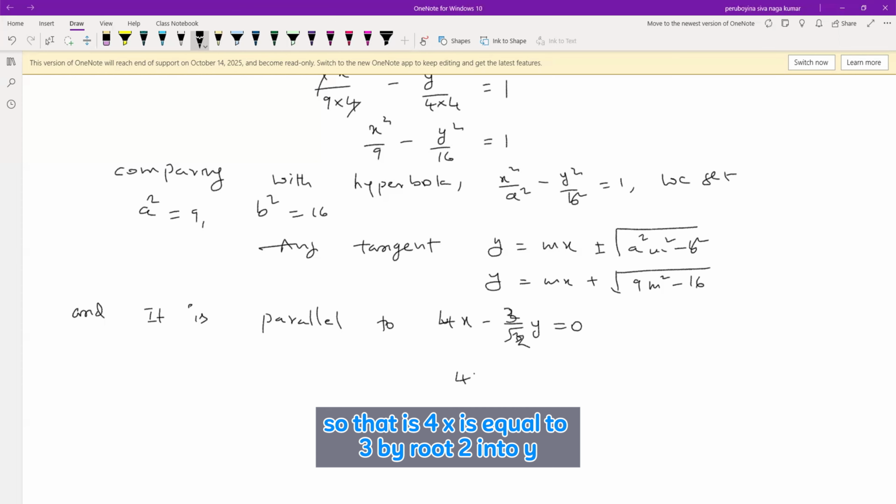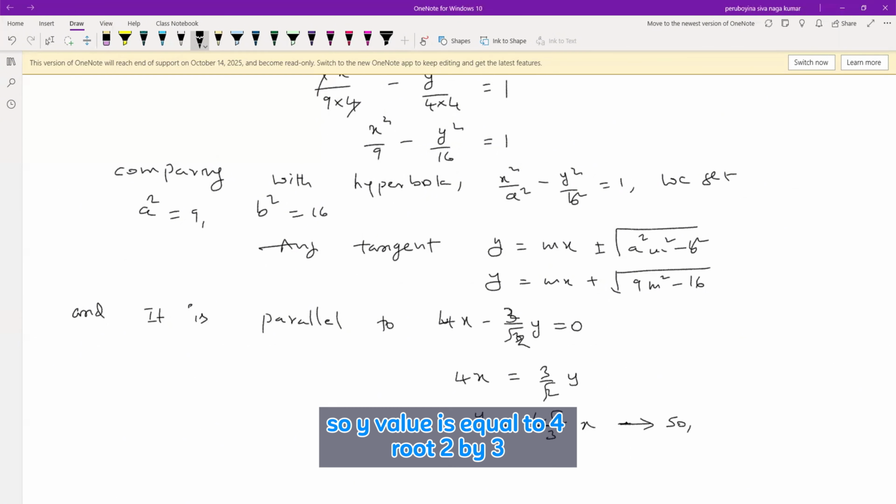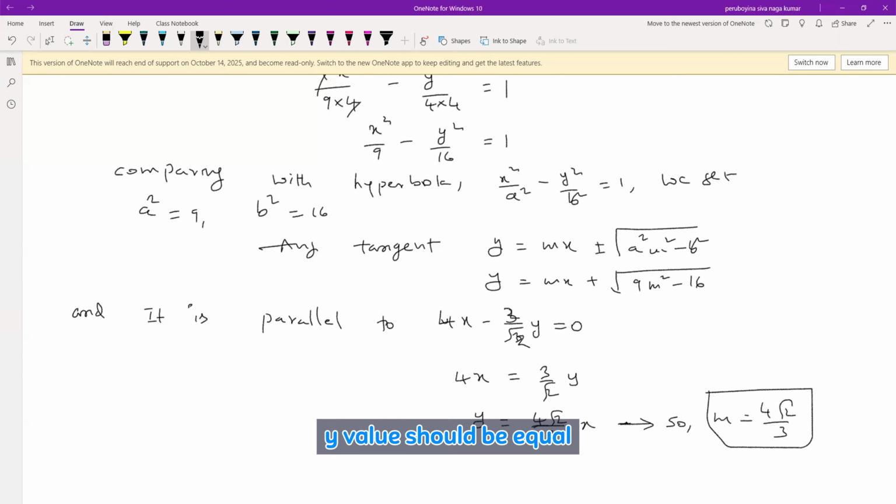So that is 4x equals 3 by root 2 into y, and y equals 4 root 2 by 3 into x. So the m value is 4 root 2 by 3, because since it is parallel, the m values should be equal.